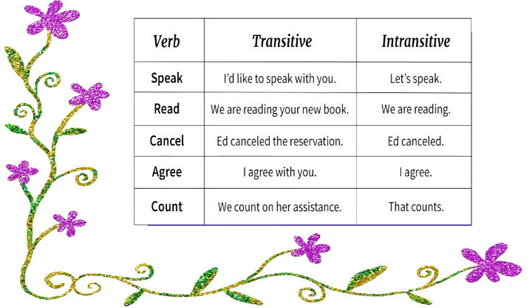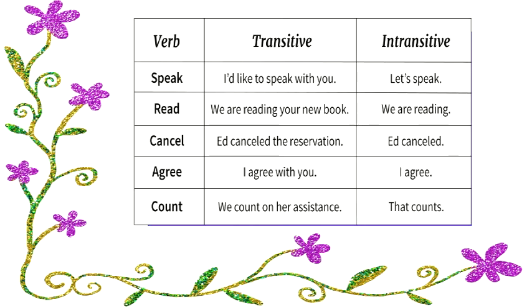Next, count. We count on her assistance. So we count on what? We count here means we depend on her assistance. Assistance means help. So we count on what? The answer is her assistance.